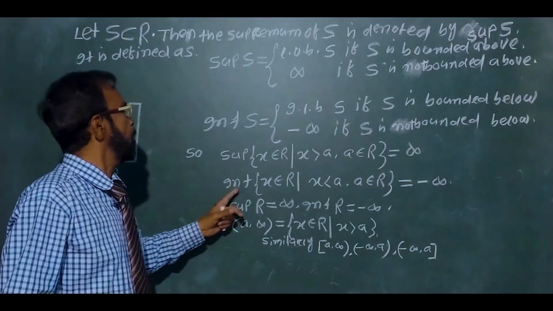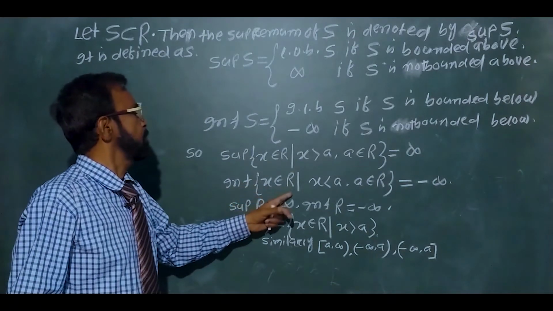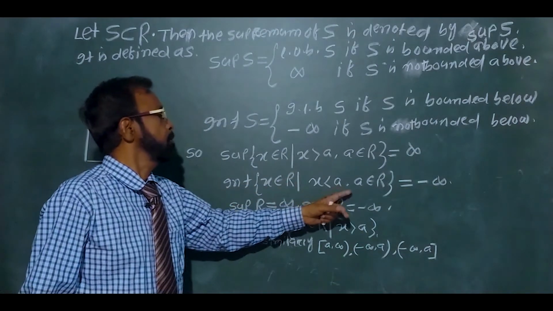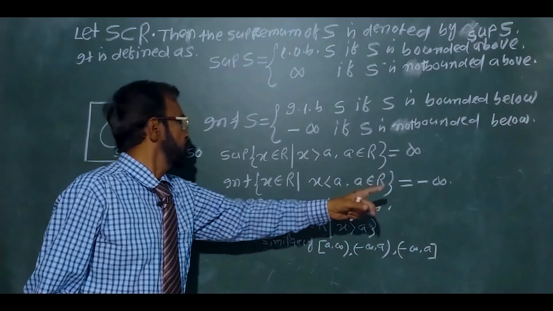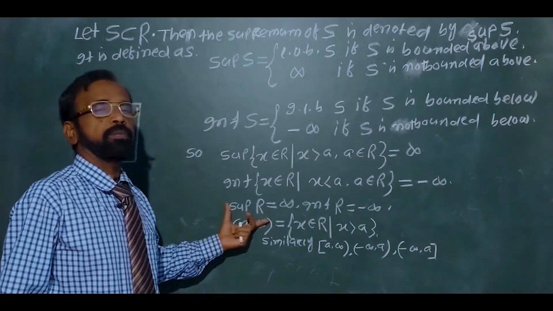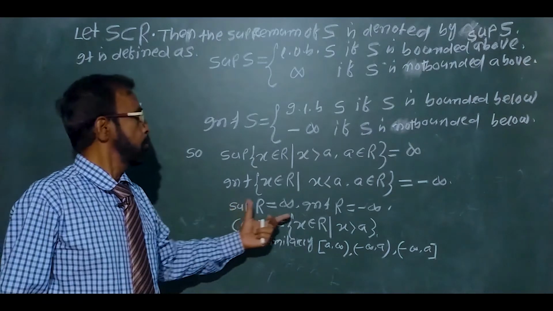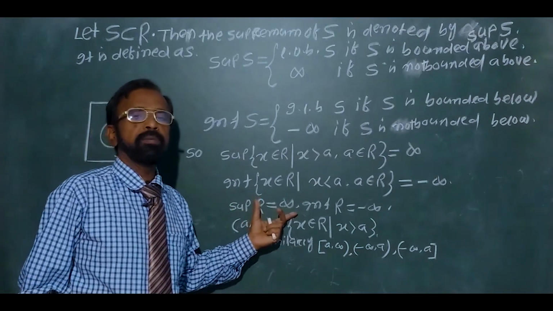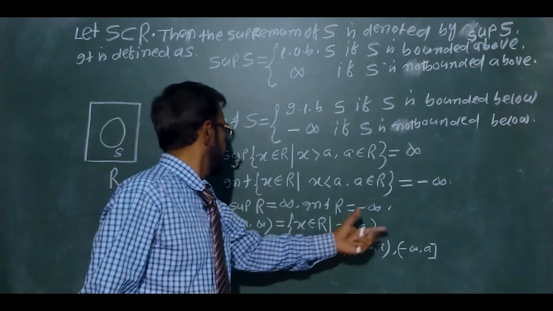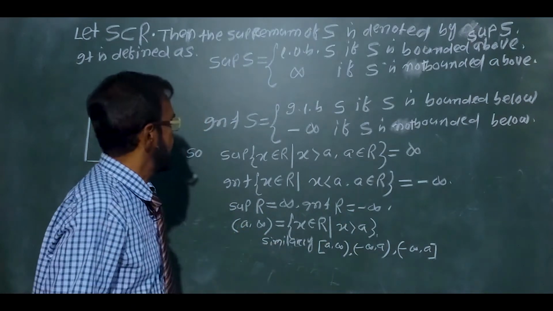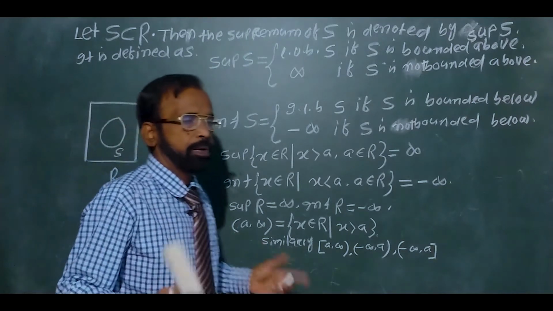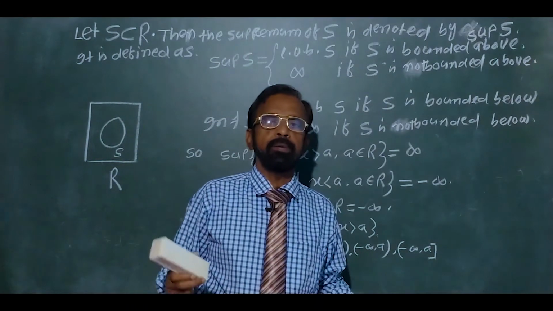And the infimum of the set of X belonging to R such that X is less than A, where A is any real number, is equal to minus infinity. Supremum of R equals plus infinity and infimum of R equals minus infinity. Similarly, in case of the intervals. This is about the supremum and infimum of a set.